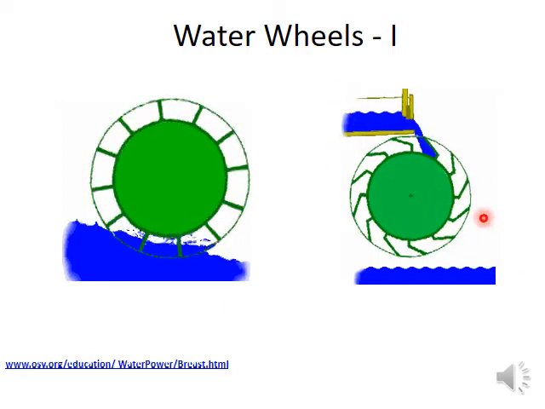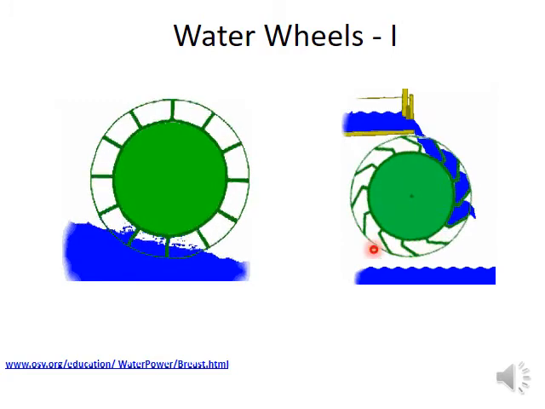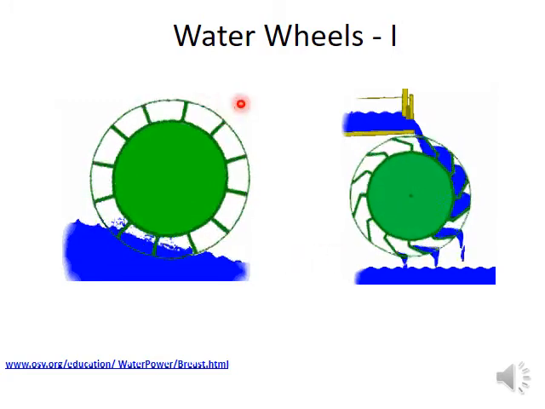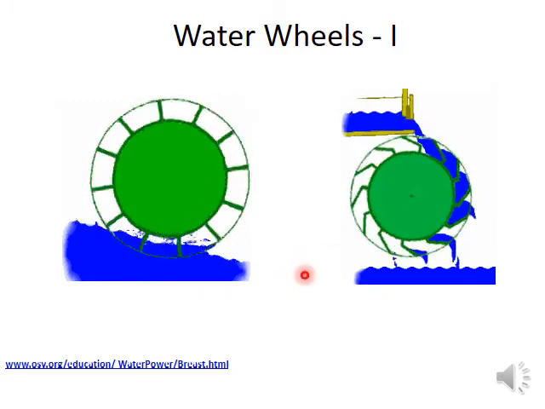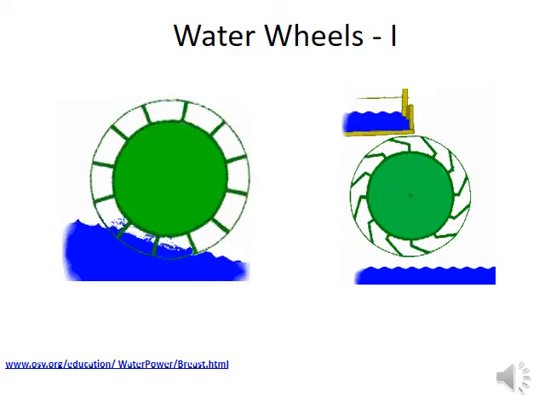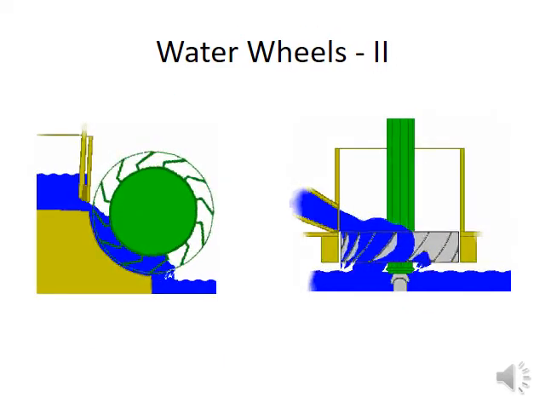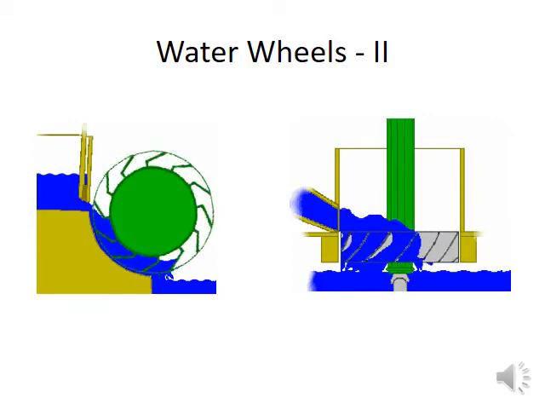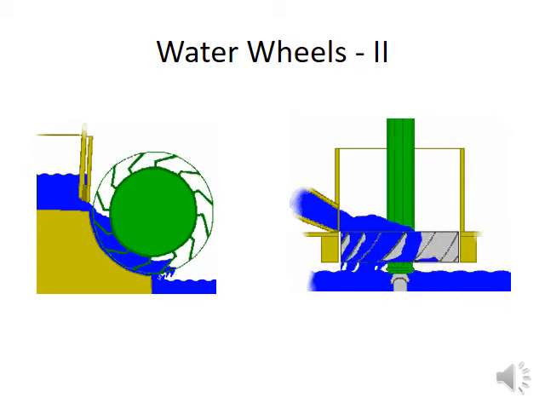You can see water power is generated by these wheels. And here also the axis of these wheels can be horizontal or vertical, as you may require in the applications in the industry.